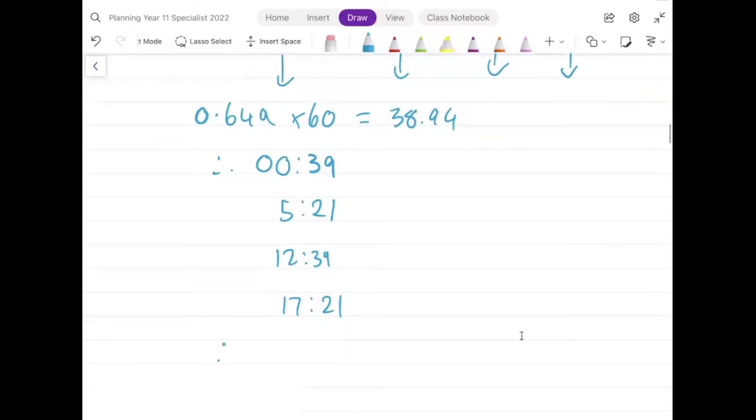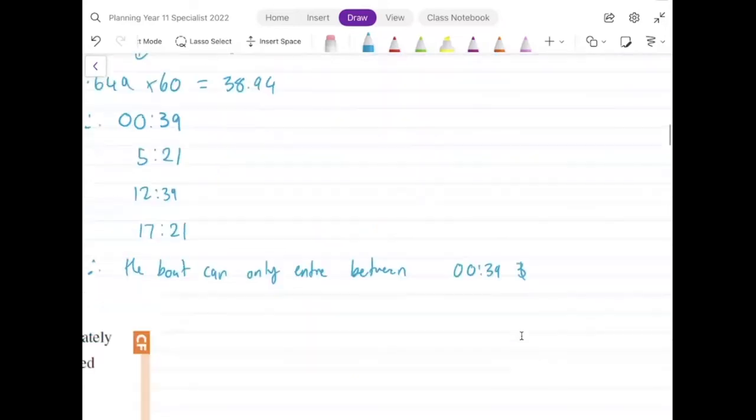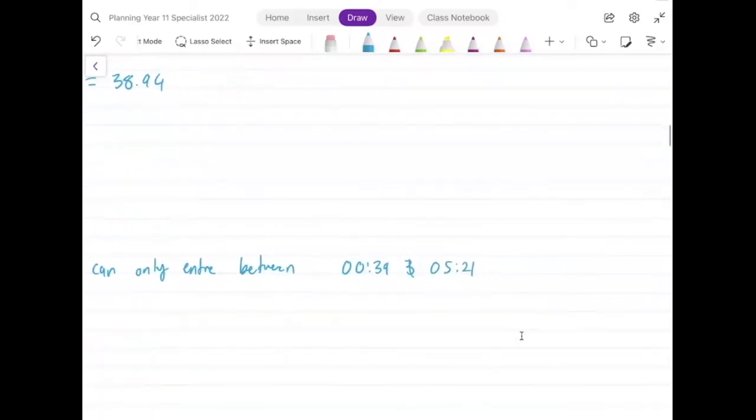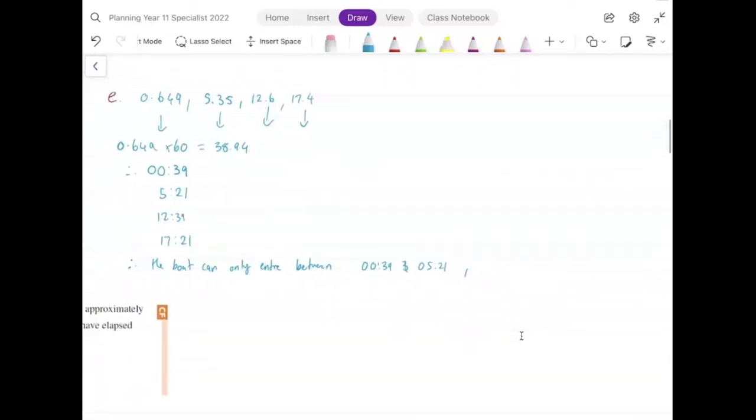So therefore, the boat can only enter between 12:39 a.m. and 5:21. Can only enter between 39 minutes past midnight and 5:21. And my second one is going to be 12:39 and 5:21 p.m., or you can put them in 24-hour time.